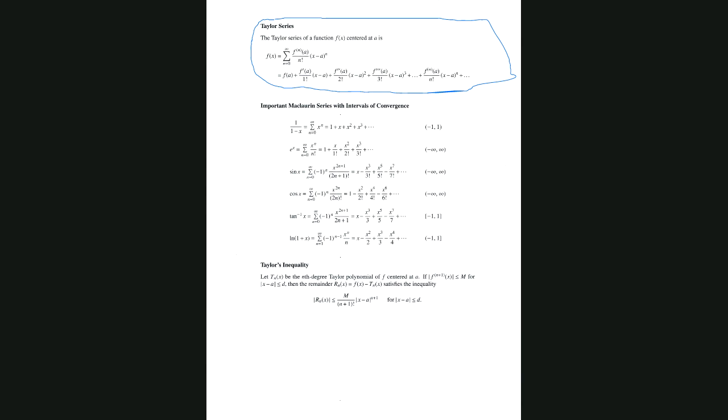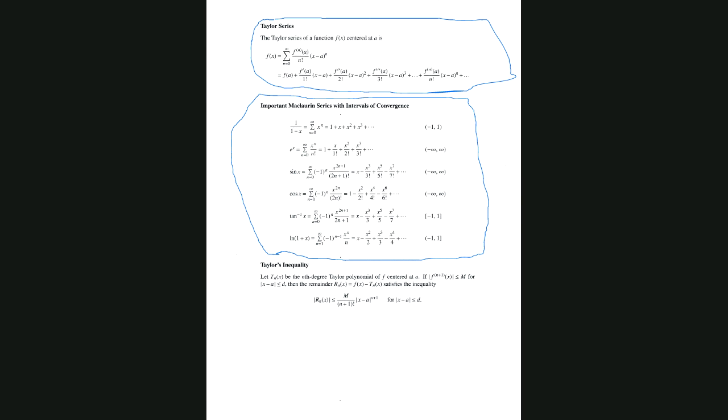There's a reference table, and this is also in your textbook in section 8.7. 8.7 has a lot of good examples. It's table 1 in section 8.7, and it's later in the section.